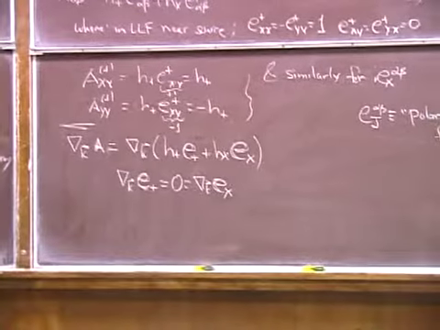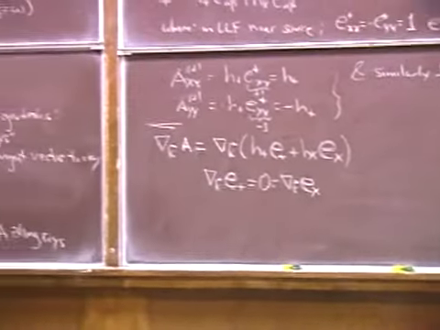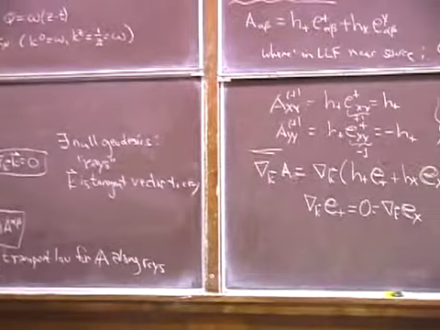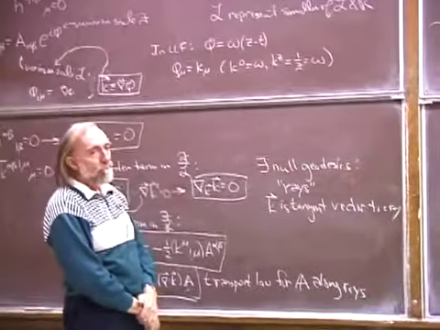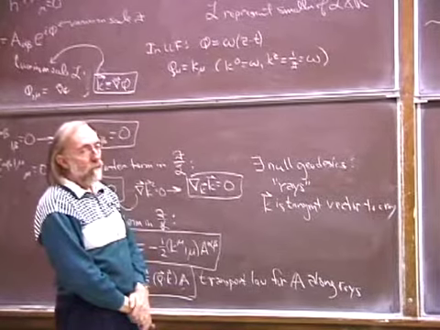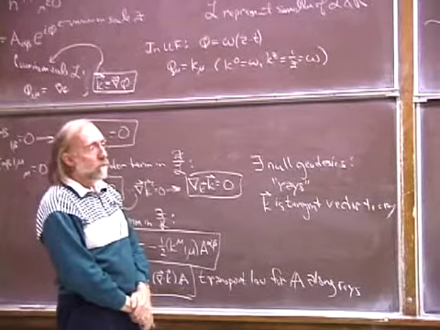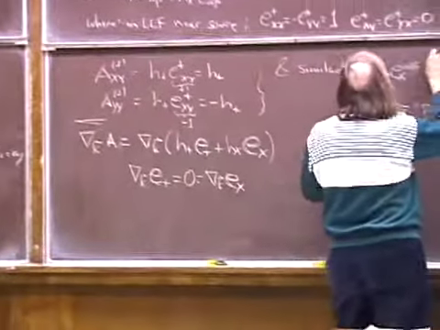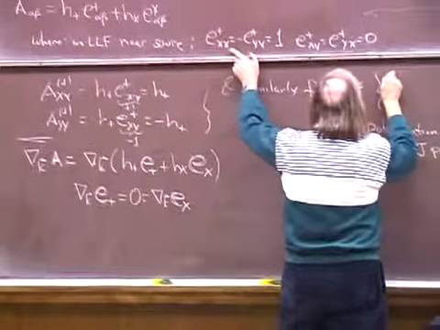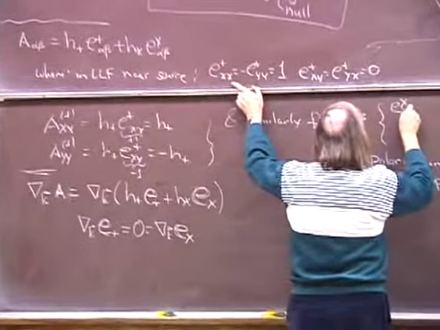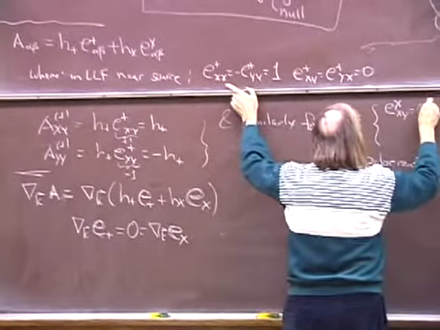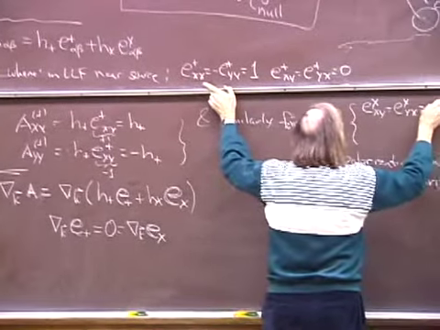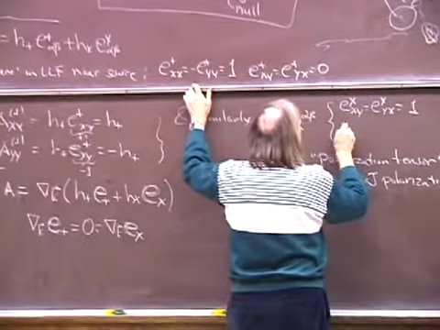Okay. Just looking at these components of plus and cross polarization tensors, we see similarly for E cross. What are they? So what I mean by that is that E cross XY is E cross YX is 1. And the others vanish.